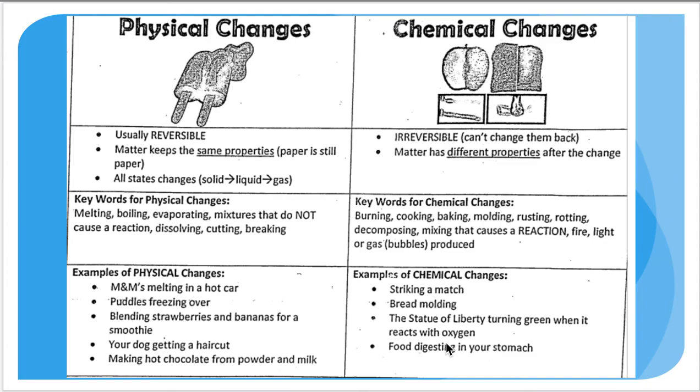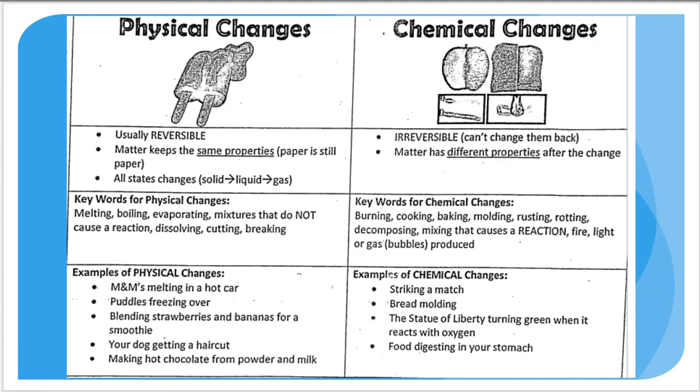So here are some more examples for you to look at. We've talked about pretty much all of these things. It's very important to remember physical change. Usually you can reverse it. Same properties, paper, still paper. Some key words: melting, boiling, dissolving, cutting, breaking. So here's some more examples. When you melt your M&Ms in the car, they're still M&Ms. Puddles freezing.